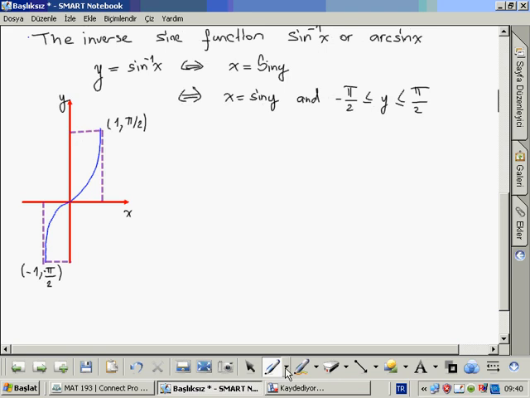So let me write these equations. Inverse sine of sine x, or arc sine of sine x, equals x, for minus pi over 2 less than or equal to x less than or equal to pi over 2, with the capital S, I mean the restricted sine function.